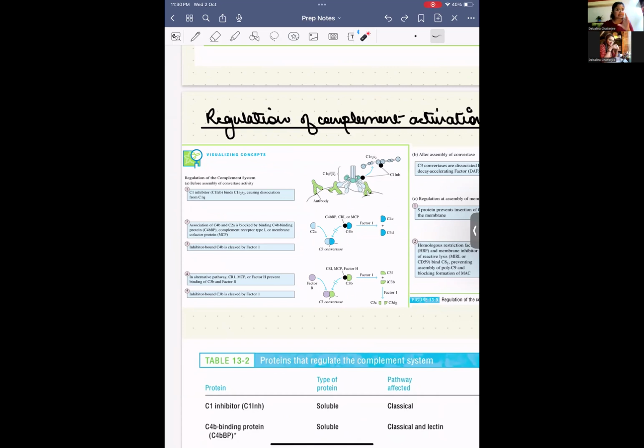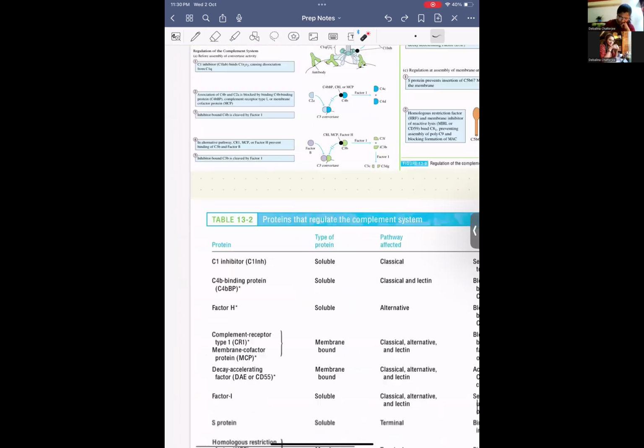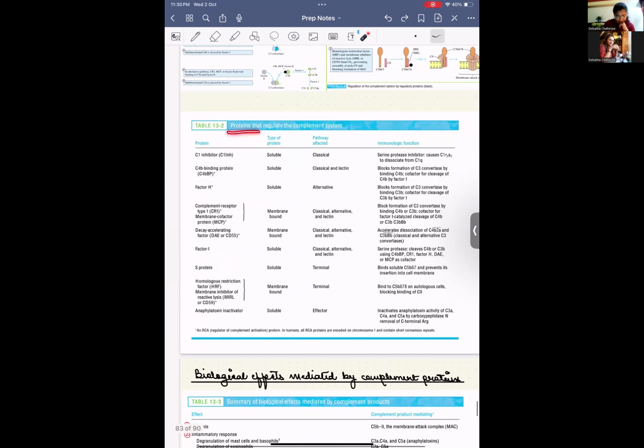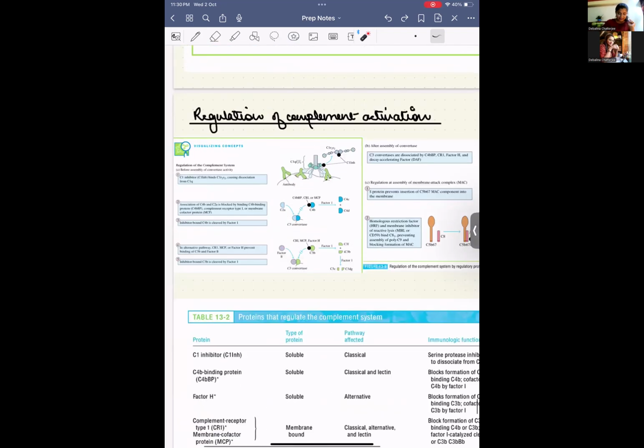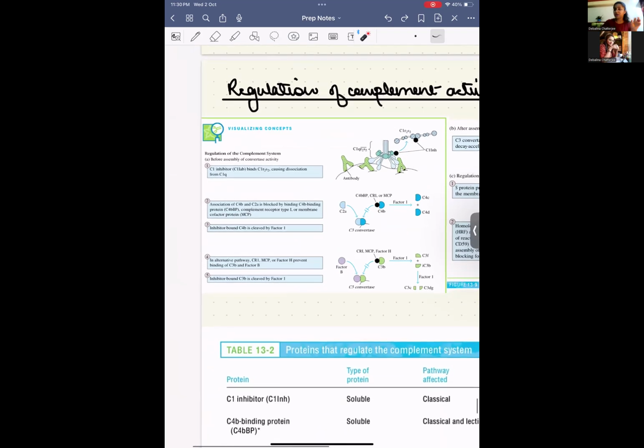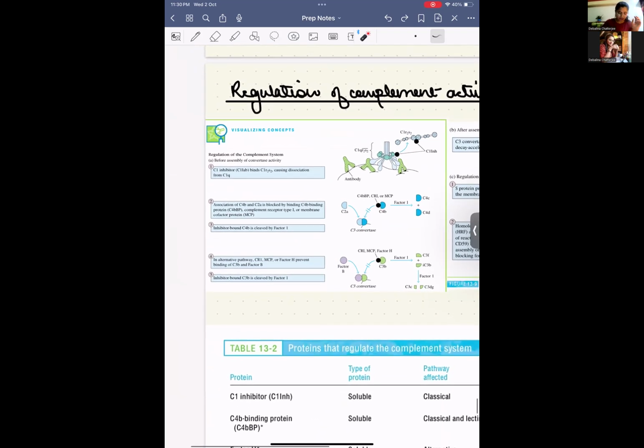So it's a very tightly regulated process. A lot of information again. There are multiple proteins that can regulate the complement system. So all the names that you can try and munch on. Let's focus here and try and understand how the regulation is happening, right? There are multiple points at which regulation can occur.